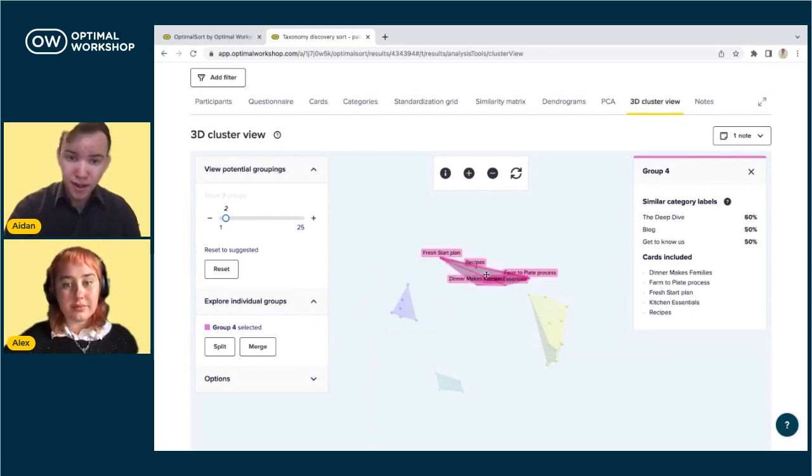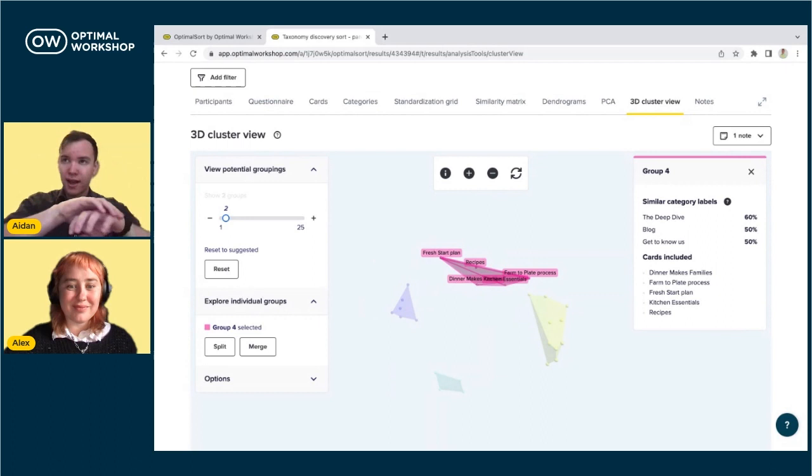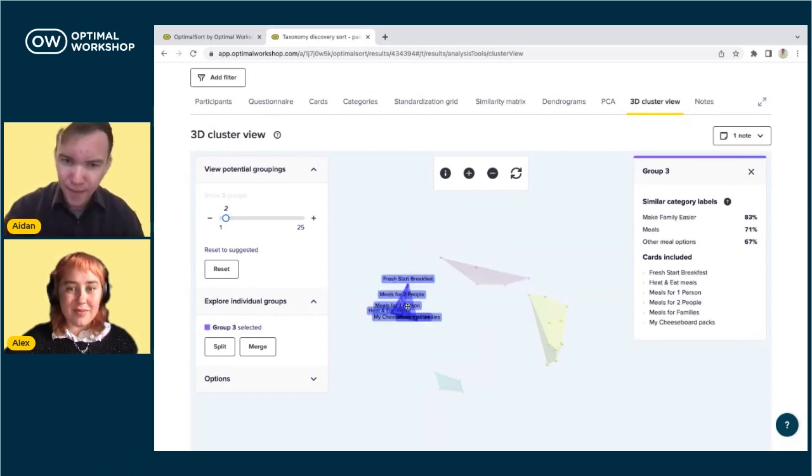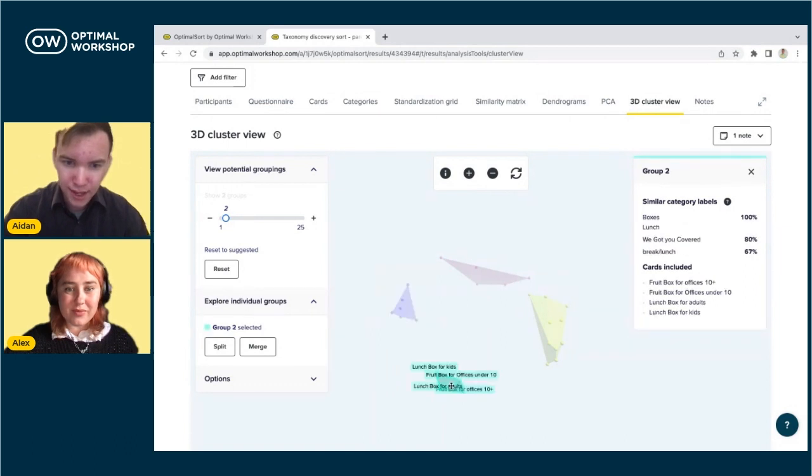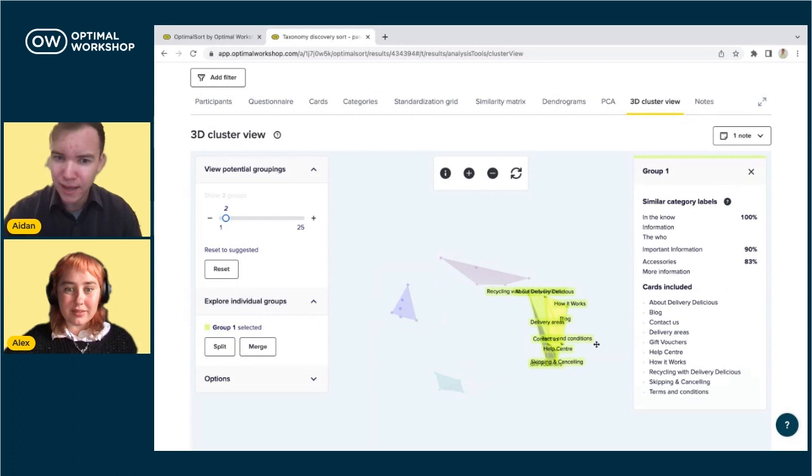And also it looks like some of the supporting content, such as the Dinner Makes Families page, Farm to Plate process, and sharing more about that process. People have categorized that as a bit of a deep dive or getting to know us or blog. So interesting that at that high level, we had a broad bucket of affinity, and now it splits out into a little bit more specificity. And we also have some category labels there to maybe work with.